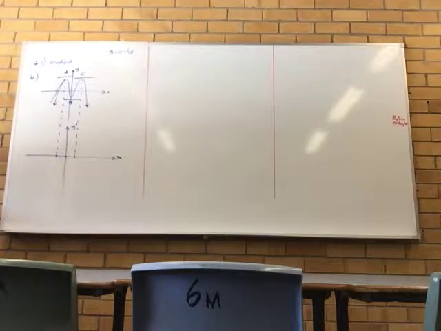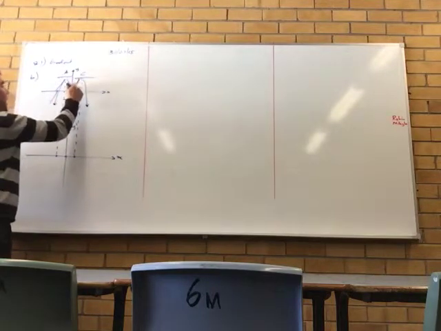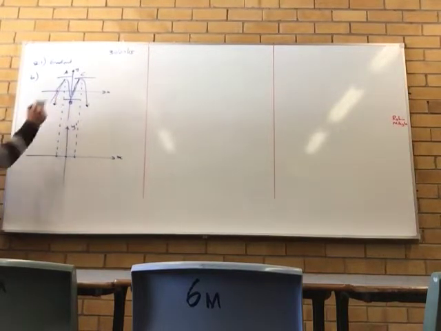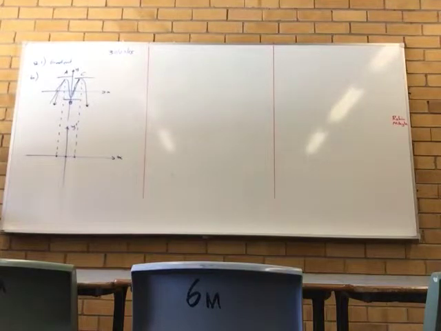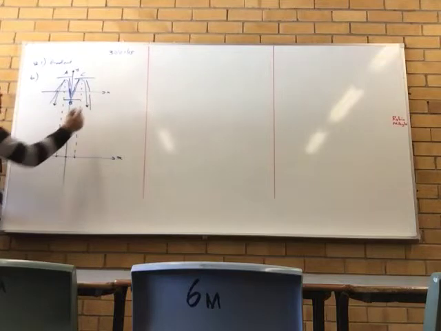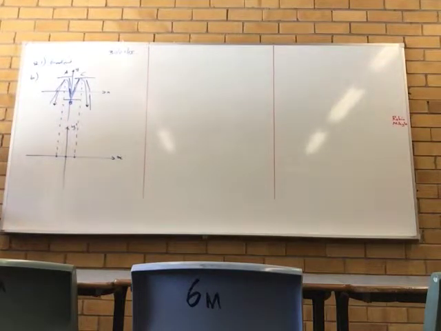Where else? C to B. Between B and C, we draw a tangent to any point on that and it is always going to be positive. Let's do the negatives first. Between what points are the tangents going to be negative? A to B and to the right of C. Good. So you get an idea of where the gradients are 0, where they are greater than 0, and where they are less than 0 in your tangent.